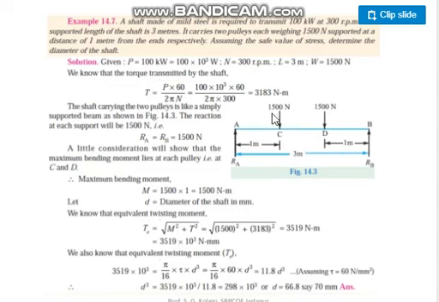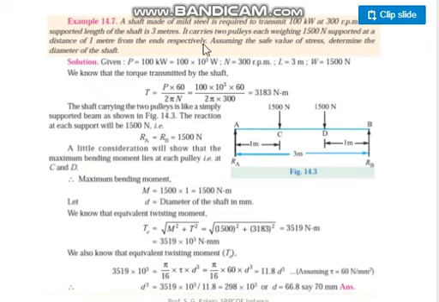See, when values are given like this and the distances are the same, the problem is a little easy, because we need to calculate bending moment at only one place, not two. Otherwise, if the distances are different, the bending moment here will come different and there it will come different, then you have to calculate both, and wherever the maximum bending moment comes, that place you have to design. But here the bending moment at C and D will be the same.